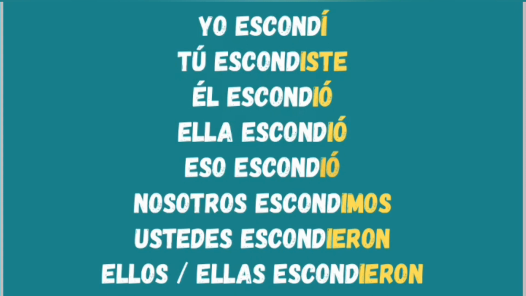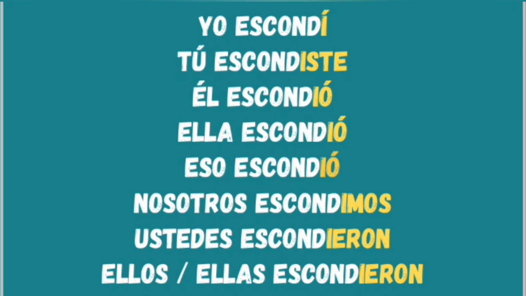Él escondió. Okay? Now, if you're talking about the personal pronoun she, and you want to say she hid, then in Spanish you have to say ella escondió. Ella escondió. Okay? See, we're having third person pronouns ending with letter I and O with an accent, okay?